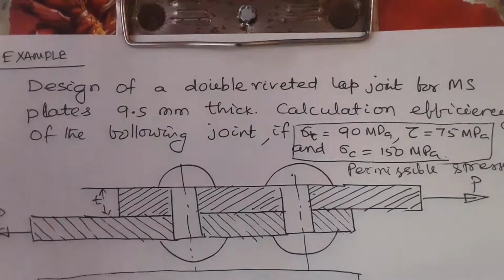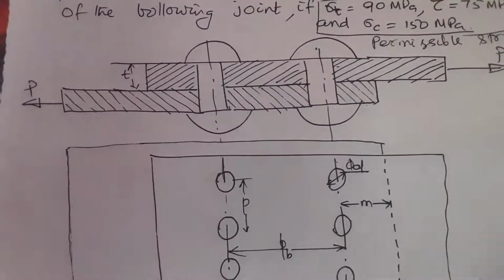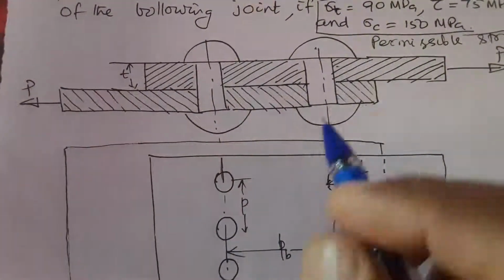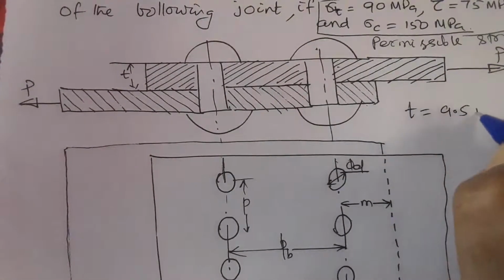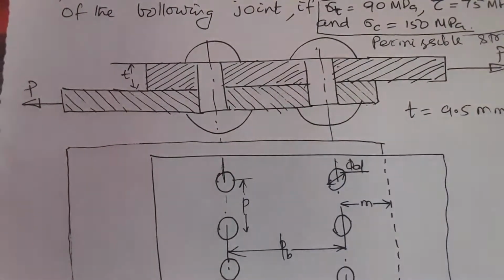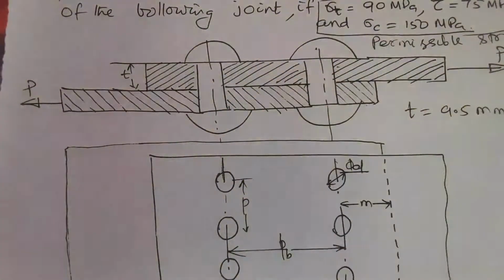So in the joint design, there are several parameters to be determined. The joint looks like this. This is a lap joint, loaded from both sides. The plate thickness t is given as 9.5 millimeter. So it is a double riveted lap joint, one plate sitting over the other, but still there are several parameters to be known.